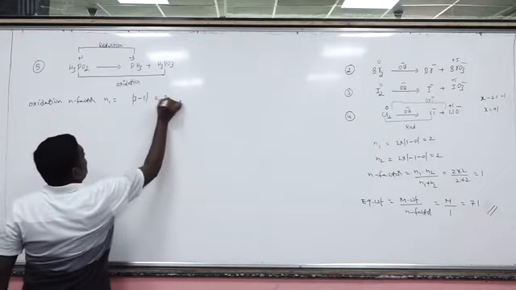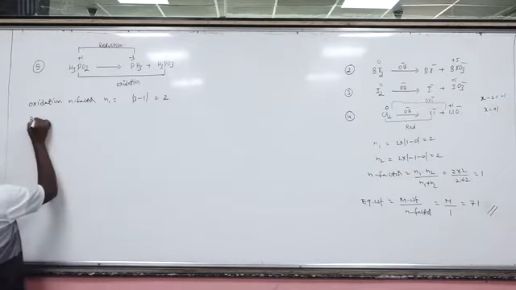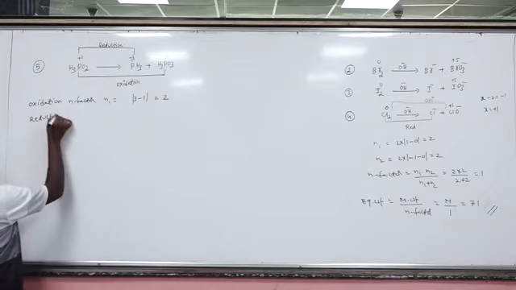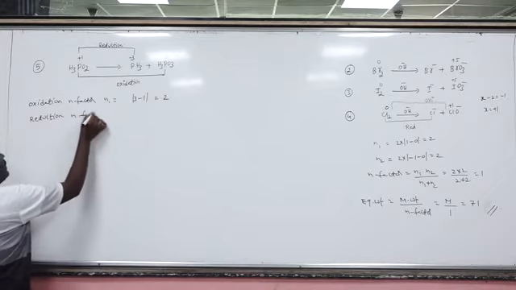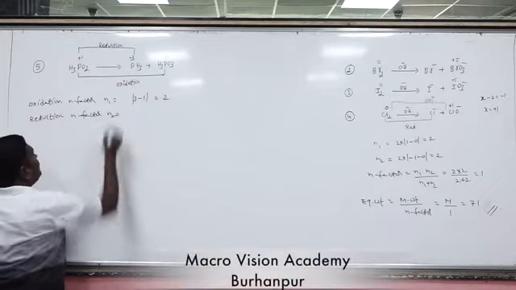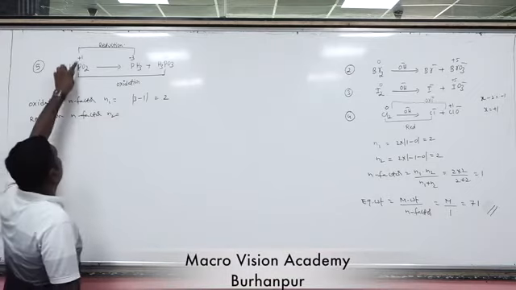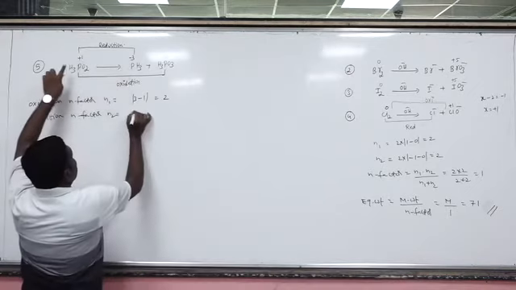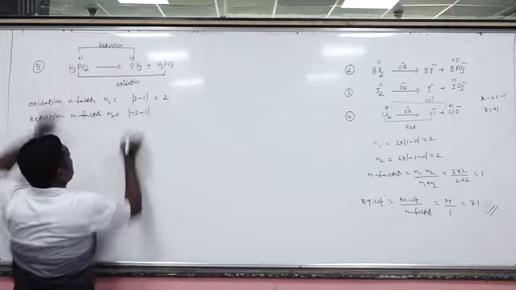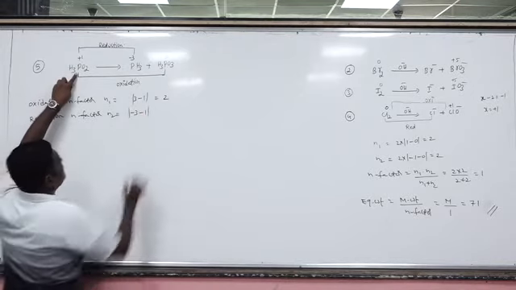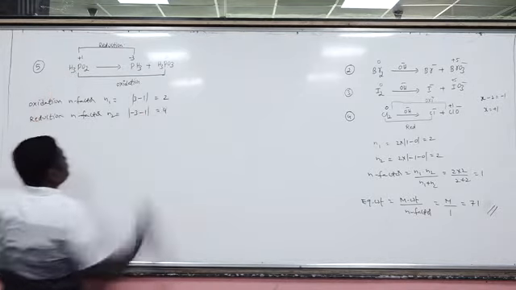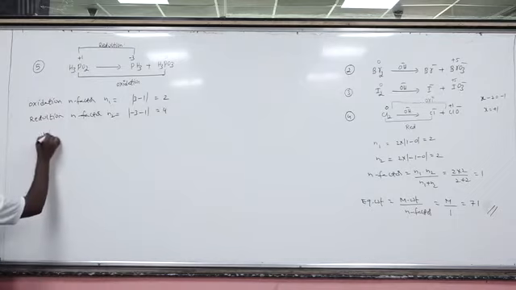Now come to the reduction process, the N factor N2. Here what happens in reduction? +1 goes to -3, so the change will be 4. Only one phosphorus is there. What is the effective N factor here?